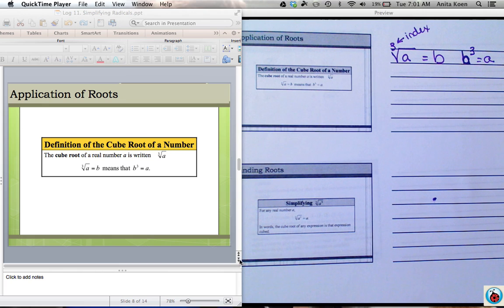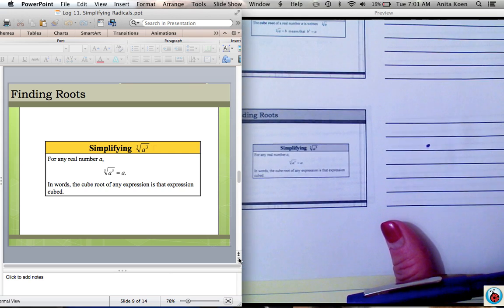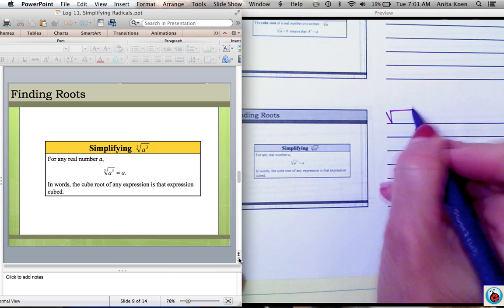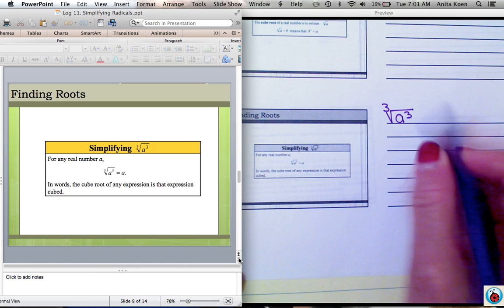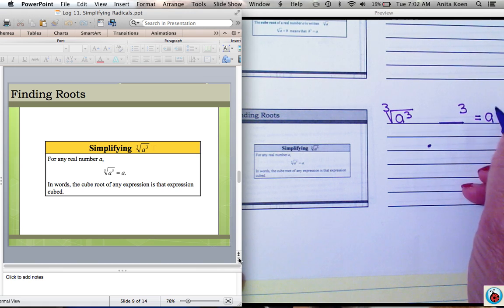Let me get on here and click to the next slide. Okay, if I want to simplify the cube root of a cubed, here's what I've got. The question here is, what do I raise to the third power to get a cubed?